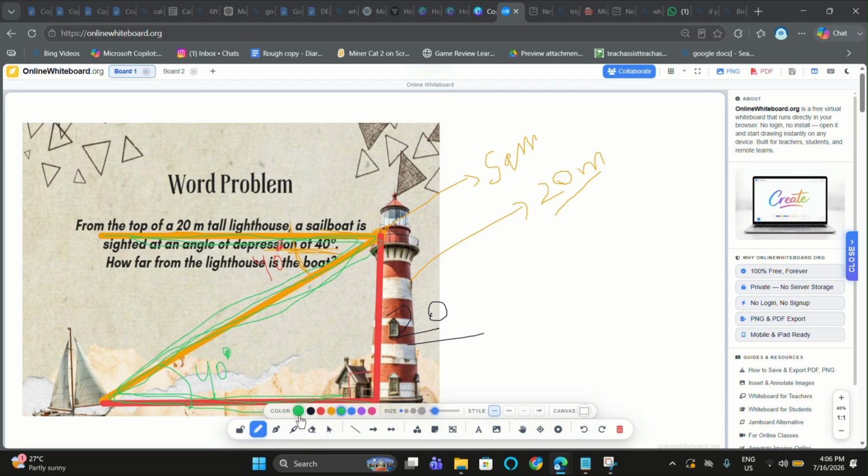So if that angle is 40, this angle is 40. If you didn't get it, it's because of the Z pattern that we can find here. Z pattern. Cool? And once we know that, this question is really simple because you have one side, you have an angle, and you just have to find X, which is at the bottom, which is the distance between the lighthouse and the boat.